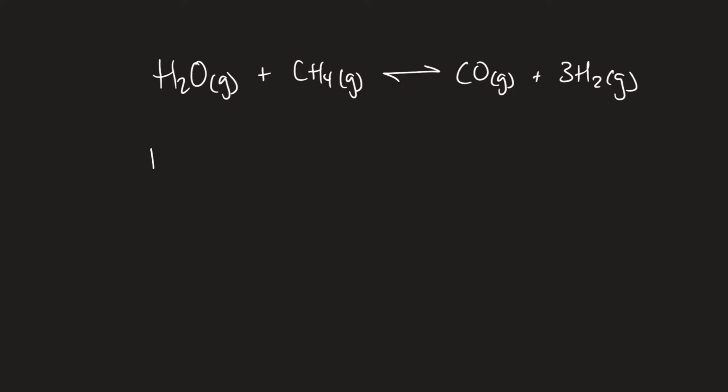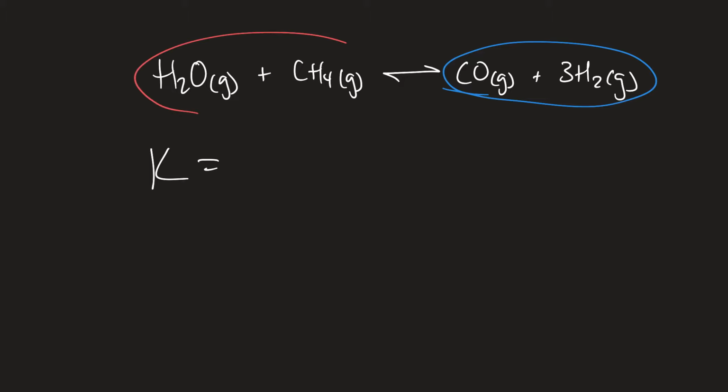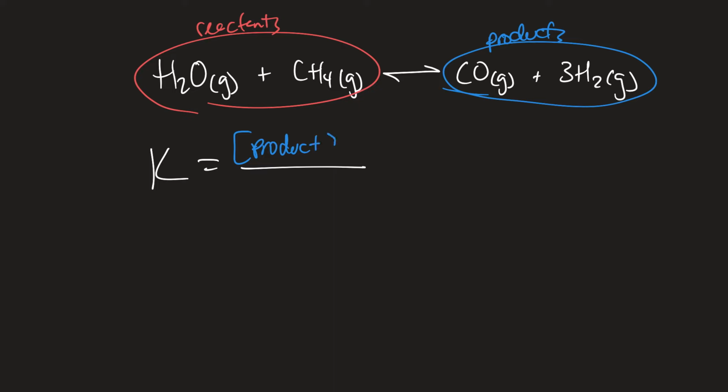Here's my equilibrium constant, and it's equal to, recall that over here are my products, over here are my reactants, and the equilibrium expression is the concentration of my products over the concentration of my reactants.